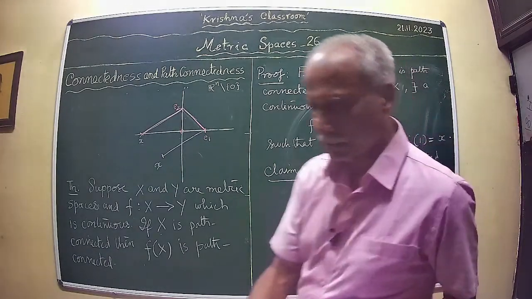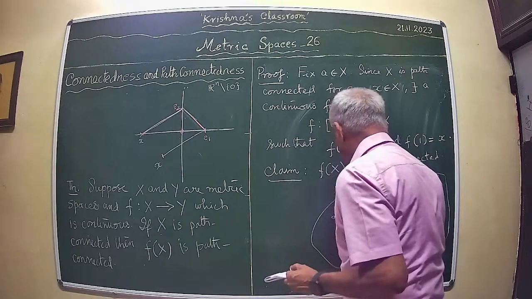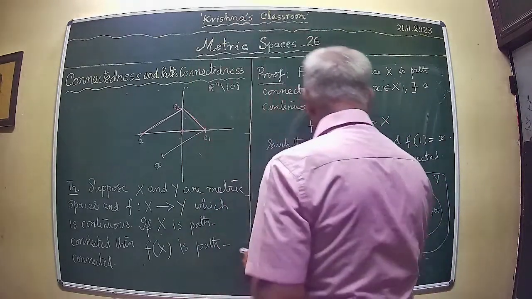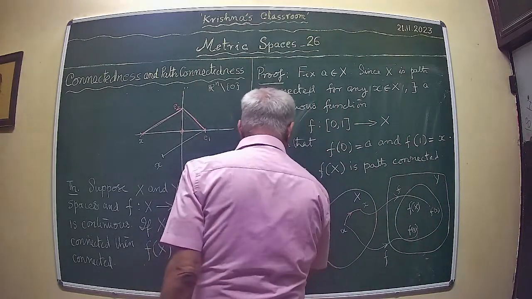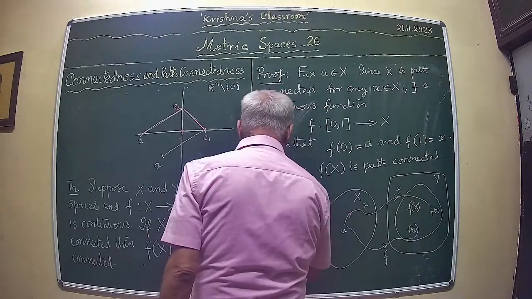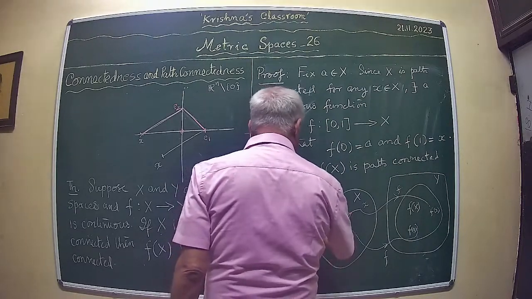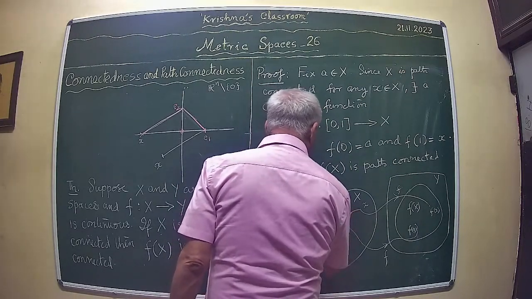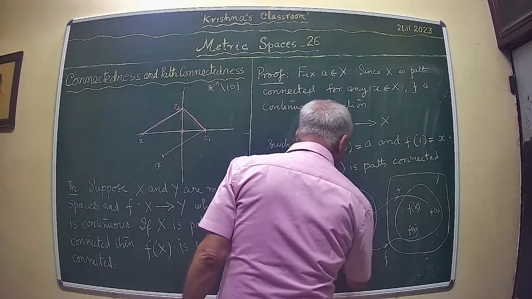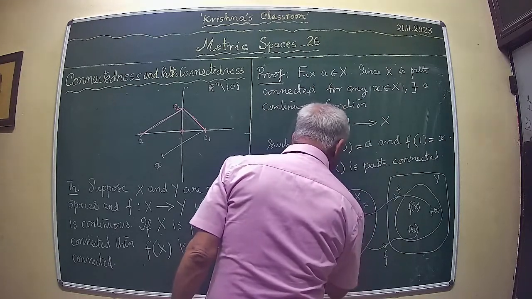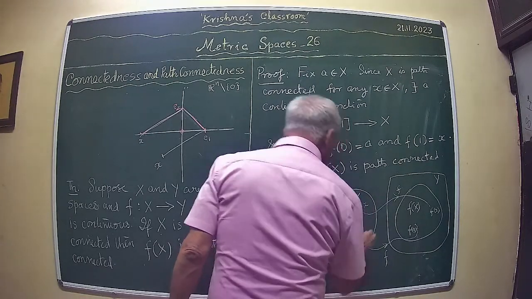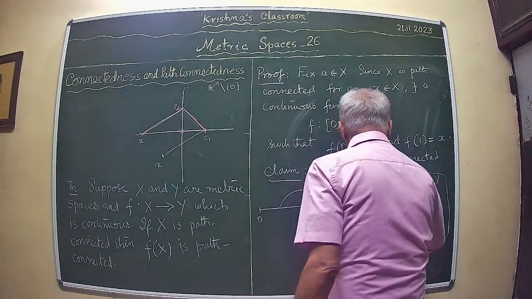And this is defined by, see, you have an interval [0,1] from which there is a gamma. So this is gamma t, this is gamma 0, this is gamma 1.